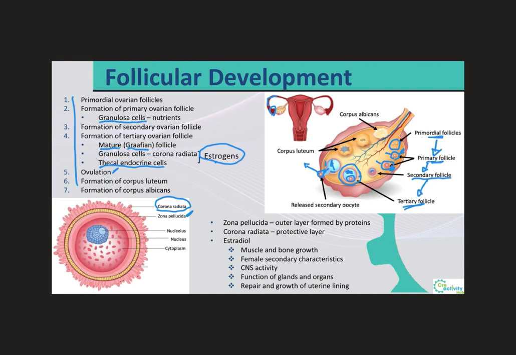Now, these follicles that are not released into the pelvic cavity will undergo follicular atresia, also known as degeneration. So they will disappear. With the secondary oocyte having been released, the tertiary follicle is empty, therefore it will start to collapse since the contents have already come out.